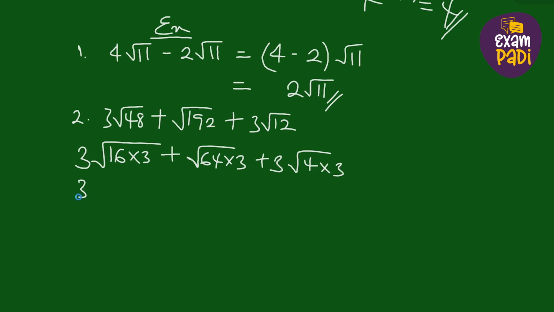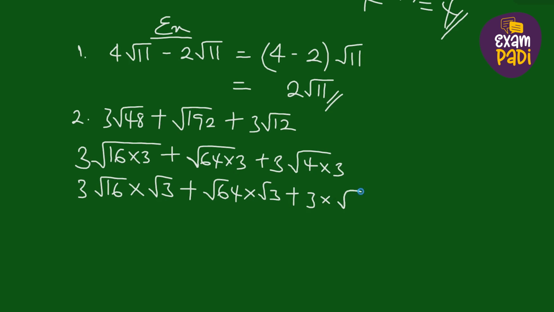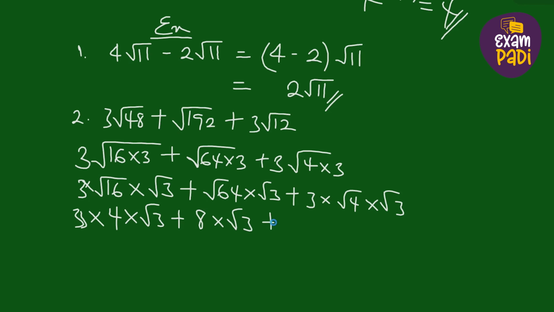This can be written as 3 root 16 times root 3 plus root 64 times root 3 plus 3 times root 4 times root 3. So we have 3 times square root of 16 would give us 4 times root 3, plus square root of 64 would give us 8 times root 3, plus square root of 4 would give us 2 times root 3.